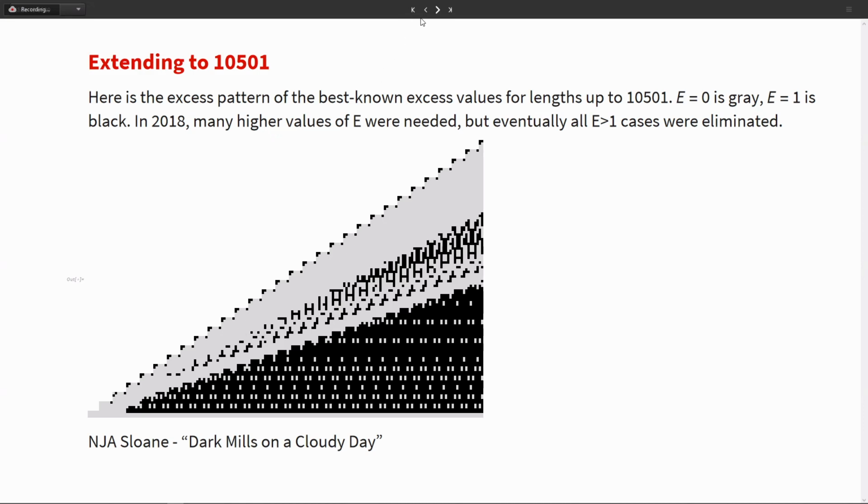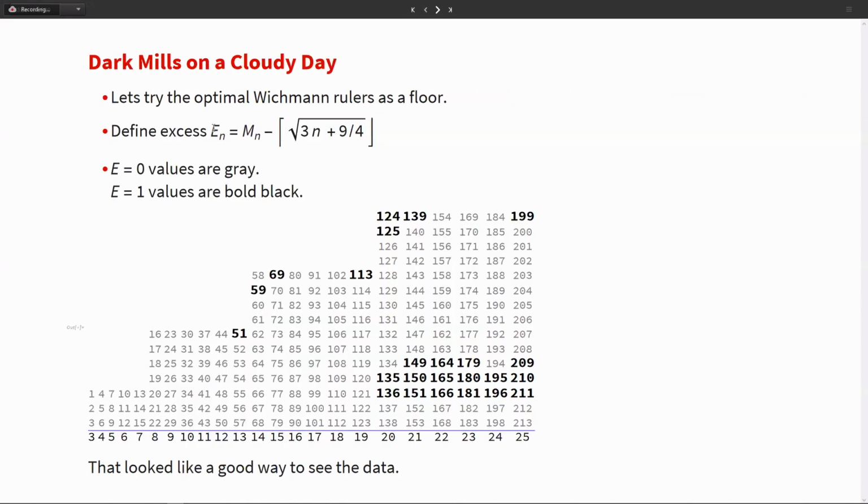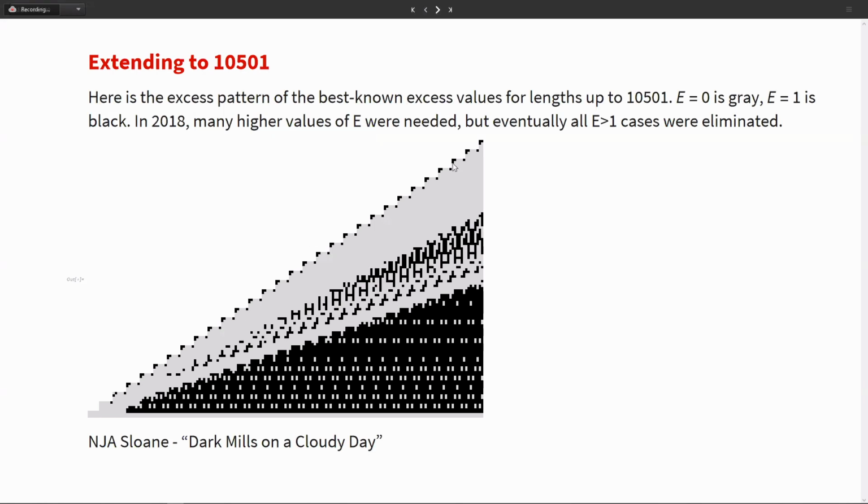The excess here, excess is the number of marks minus the square root of 3 times the length plus 9/4, rounded. Unusual little formula. And we got this long series of zeros and ones. And this is what happened when we plotted out those zeros and ones.